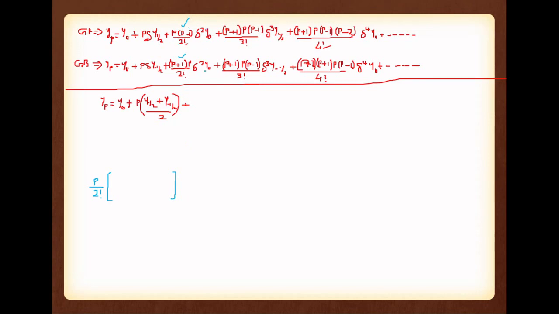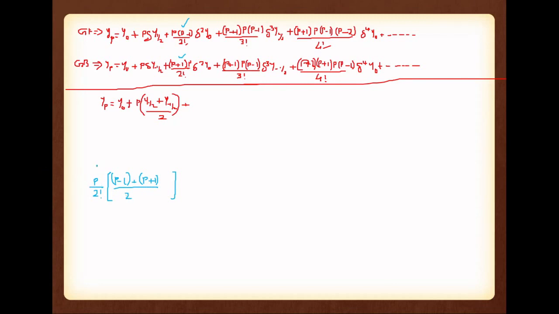Forget about theta square y0 for the time being. The remaining thing is, here we have p minus 1, plus what is available in this one, p plus 1, then we are taking the average, so divide by 2.